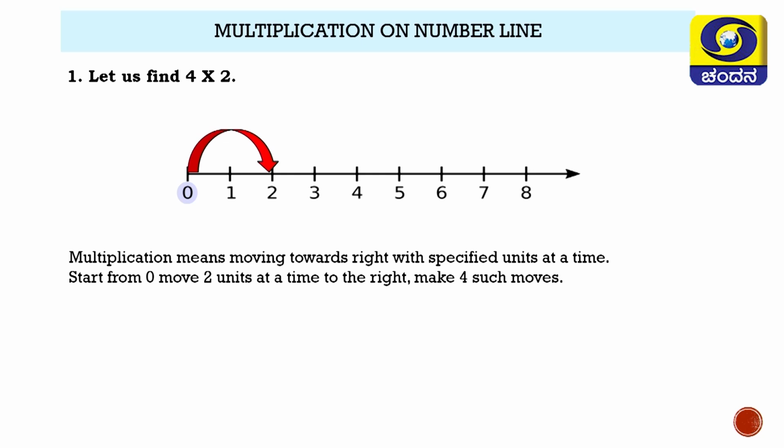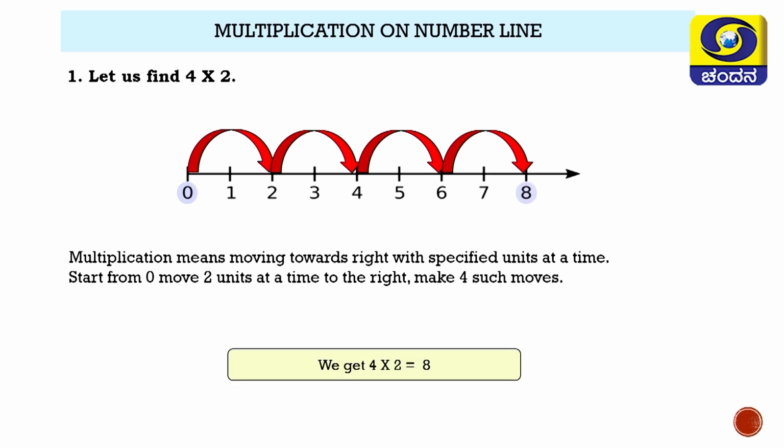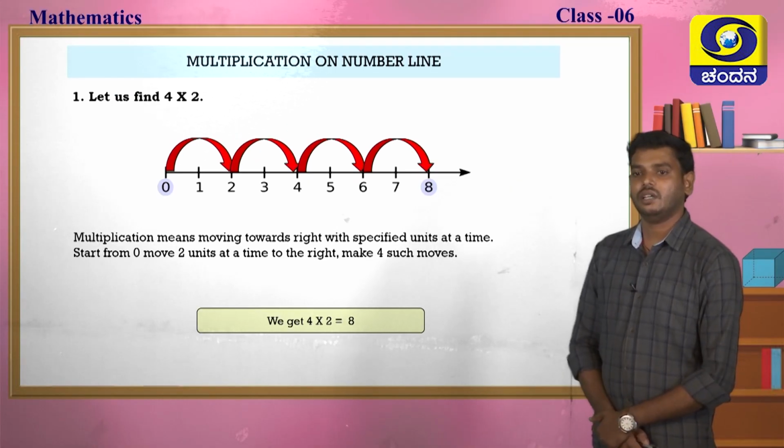So, 0 to 2 is one jump, 2 to 4 is another jump, 4 to 6 is another jump, 6 to 8 is another jump. So, 4 such jumps are required here. Hence we have made 4 jumps. So, we get 4 into 2 is equal to 8, and we have reached the point 8.